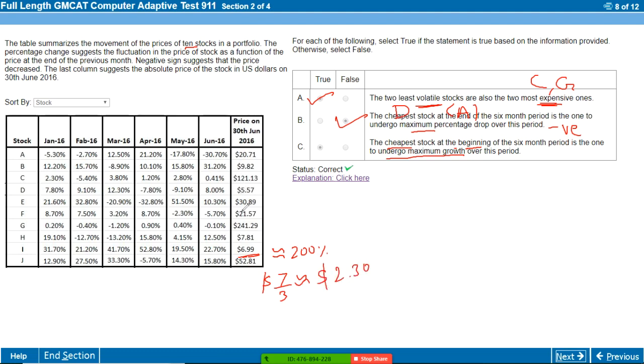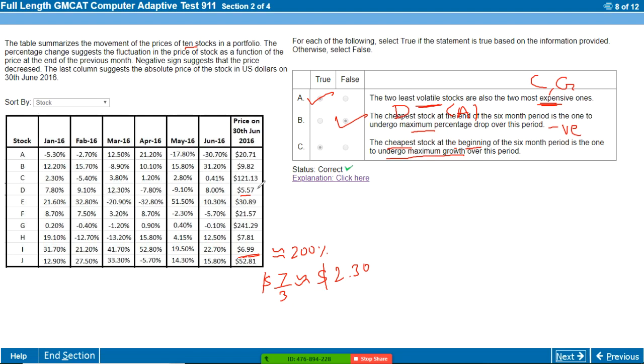Clearly, even the other lowest one, which is approximately $5.5, cannot have been as low as this value, because even for this lowest priced stock, the percentage changes are very minimal and they almost cancel each other. The overall change is not more than around 20 to 30% or so.